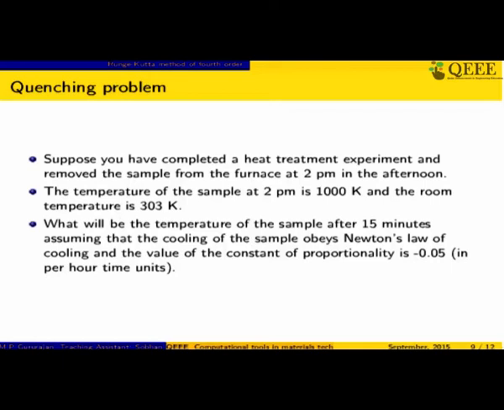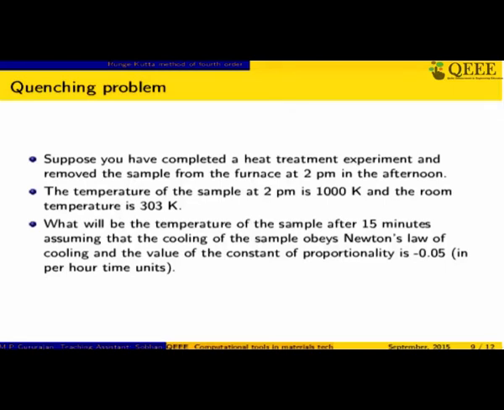The temperature of the sample at 2 o'clock is about 1000 Kelvin, and the room temperature, let us say, is 303 Kelvin. Now what will be the temperature of the sample after 15 minutes, assuming that the cooling of the sample obeys Newton's law of cooling, and the value of the constant of proportionality is minus 0.005 in per hour time units.